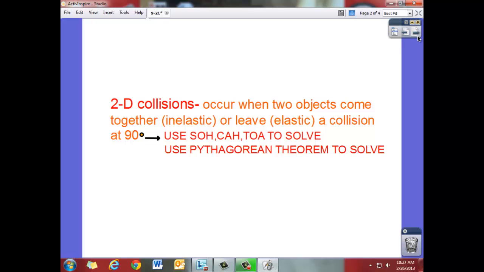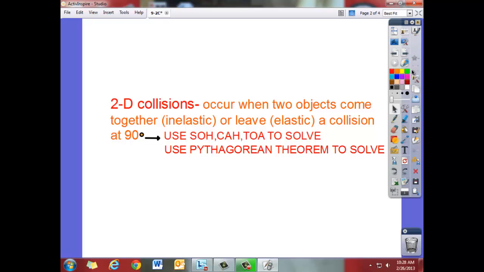Clearly, if you've ever watched anyone play pool, you know that all interactions are not head-on, rear-end, or at 90 degrees, but those are the only ones that we are going to study in this class, because when they're at 90 degrees, we can use the trig functions, sine, cosine, and tangent, and we can use the Pythagorean theorem to solve the problem. So we're going to look at two examples, one example of an elastic and one example of an inelastic. Momentum is still conserved in two-dimensional collisions, so our equations are going to look very similar.